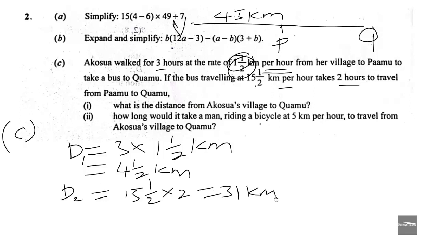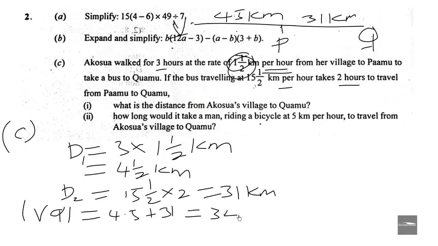That is from Pamu to Kwemu is 31 kilometers. What is the distance from Akosua village to Kwemu? So from V to Q will be 4.5 plus 31 kilometers, which will give us 35.5 kilometers.